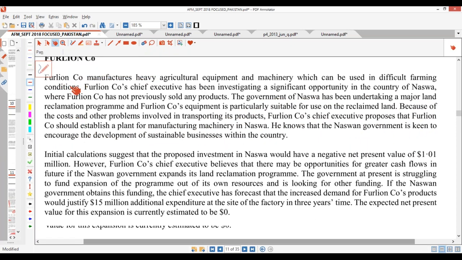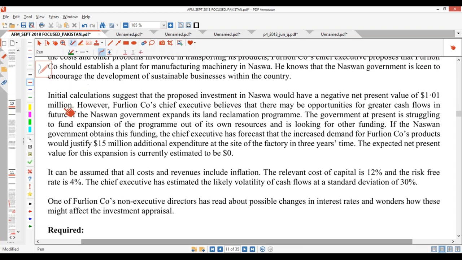Okay, initial calculations suggest that the proposed investment in Naswa would have a NPV of negative 1.01 million, the NPV. Okay, initial they've thought about it.